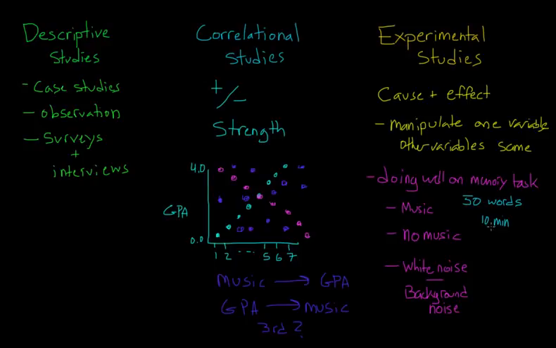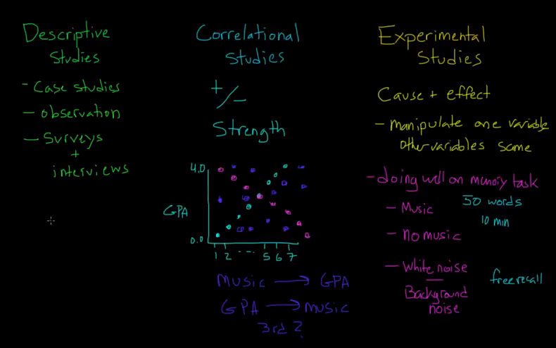And after that 10 minutes, I'll have them do some kind of distractor task, maybe counting backwards from 243 by 7, something to basically just get the different words out of their head to keep them from rehearsing them. And then after they've counted back by 7 for a certain period of time, I'll ask them to recall all of the words that they think were on that original list. So it'll be a free recall task.